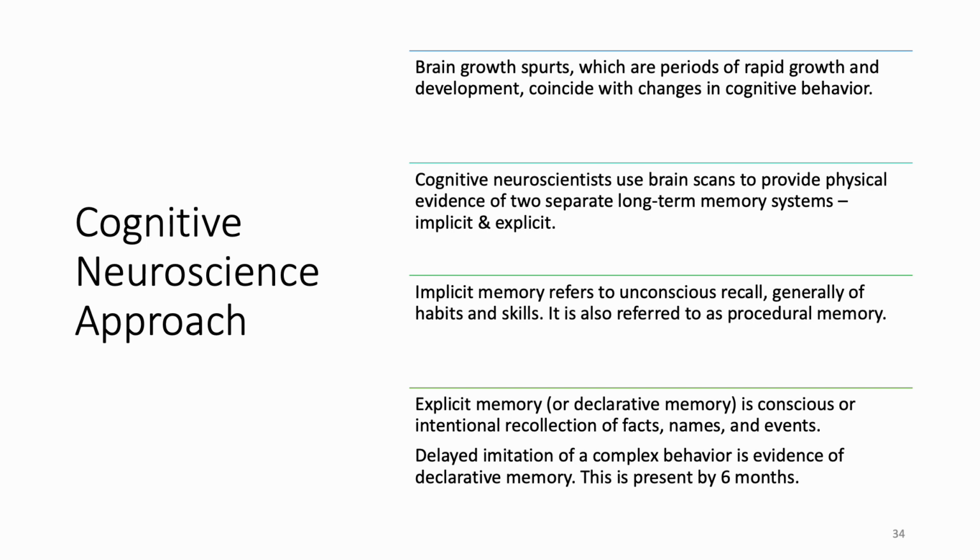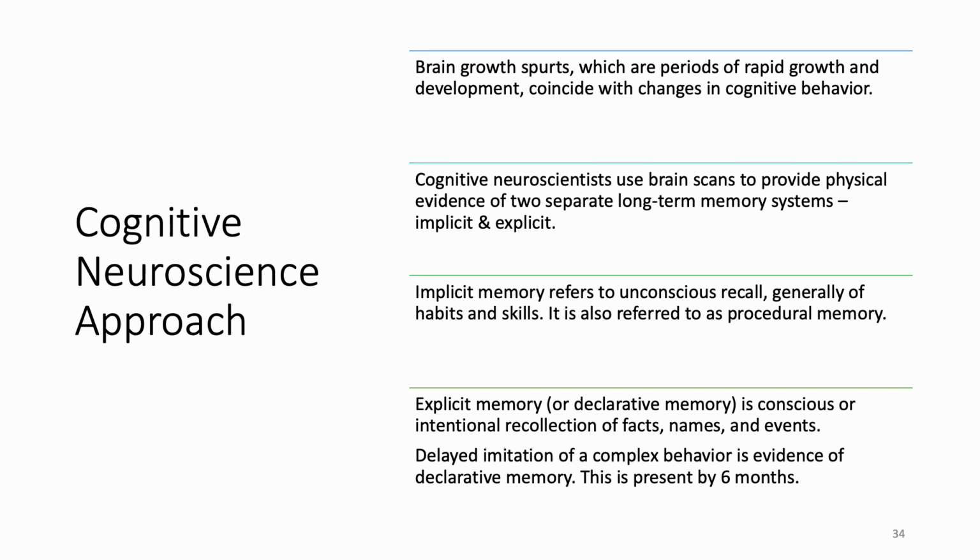Let's move on to the cognitive neuroscience approach. Brain growth spurts, which are periods of rapid growth and development, coincide with changes in cognitive behavior. Cognitive neuroscience scientists use brain scans to provide physical evidence of two separate long-term memory systems, implicit and explicit.